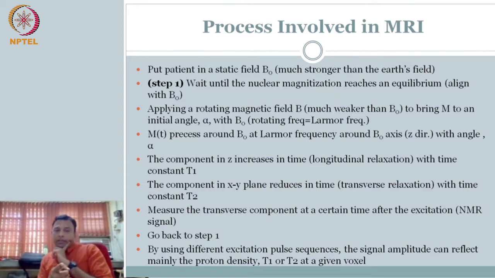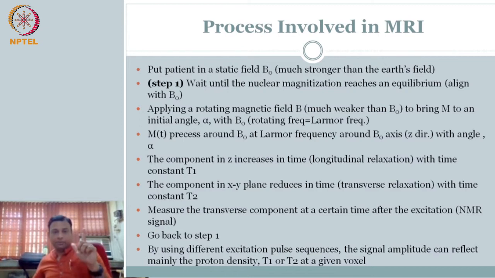Now, in the next step, if we can introduce another rotating magnetic field, then we will be able to manipulate this magnetization vector so that in the xy plane also you will start to make them in phase, right? Therefore, you will have a magnetization vector component in the xy direction as well.